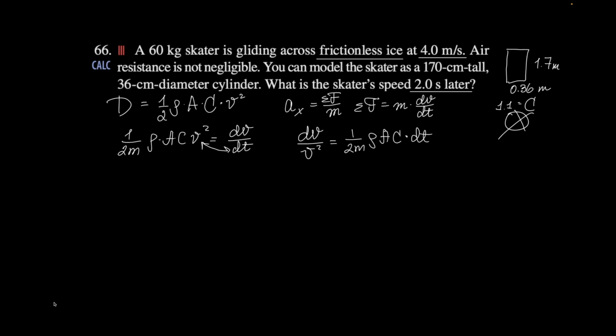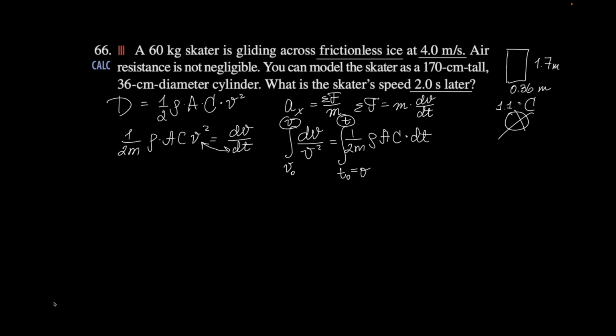Boom. Now that we have our two d's separated, we're going to integrate. Think about it this way: we integrate all the velocities from v0 to the v we need to find, and all the time from t initial, which was 0, to the t final at which we have this velocity.